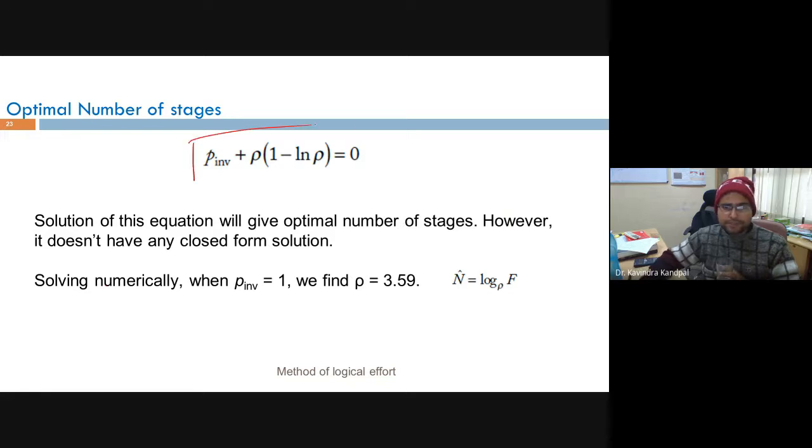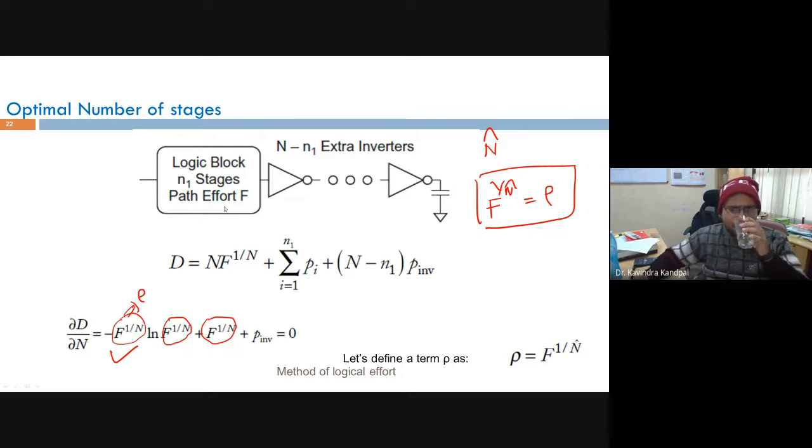Are you getting this one? If you replace f to the power 1 by n by rho, what you will get? Minus rho ln rho plus P inverter equal to 0.